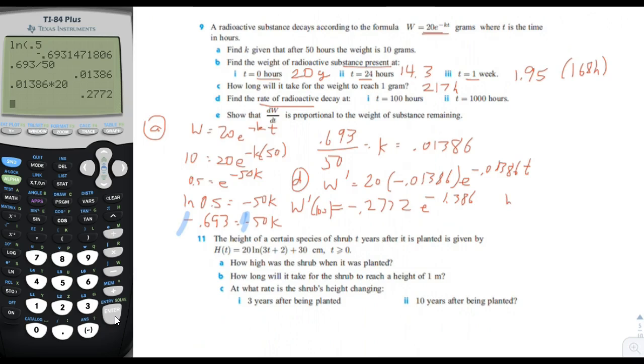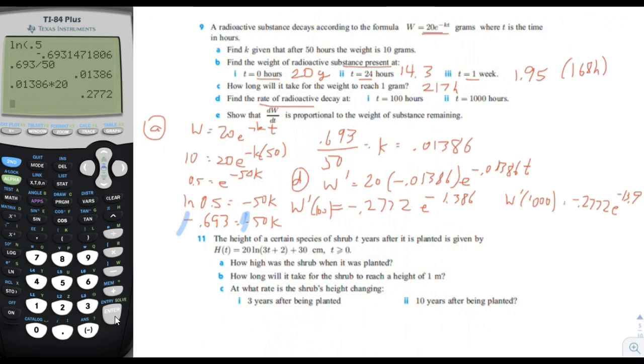And then what about W dash at 1,000? That would be equal to negative 0.2772 e to the negative, and then we're actually going to move the decimal point one more place, so it would be 13.86. Just put 13.9.